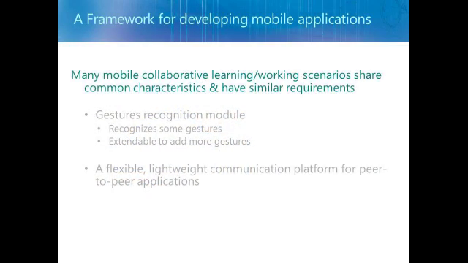So soon we realized there are many kinds of learning applications that use the same principle, and we developed a framework which had two major components, one for gesture recognition and one to implement communications.